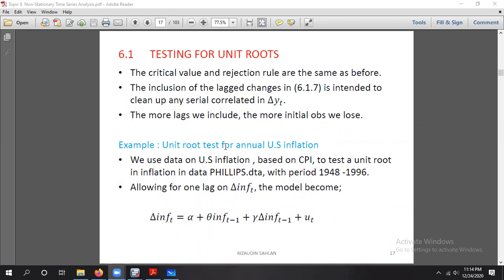Let's say we use the Phillips data on inflation and want to perform the augmented Dickey-Fuller test. For this case, we use lag one. This is referred to as the ADF.